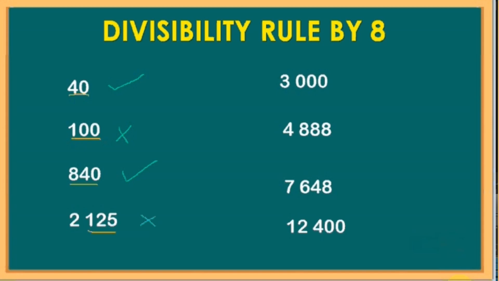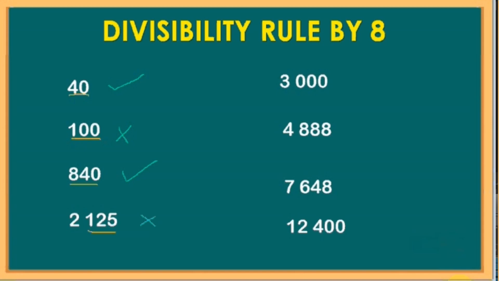This divisibility rule by 8 is usually used for bigger numbers because you will not be dividing all the digits by 8. Instead, you will just get the last 3 digits and divide it, or just look if the last 3 digits are zeros.